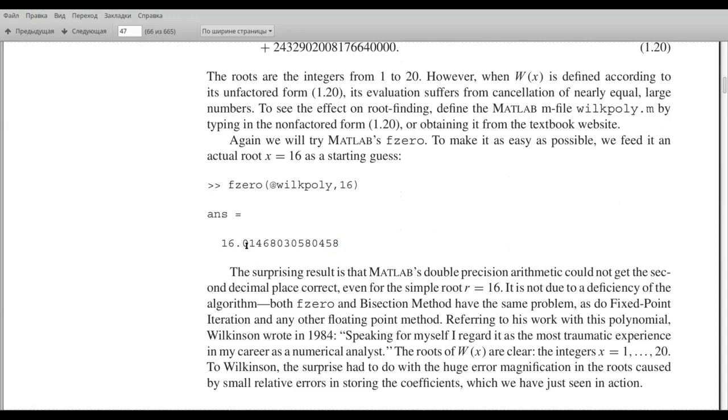Obviously you know that the exact root is 16 sharp, but here, already in the second digit after the decimal point, you have an error.